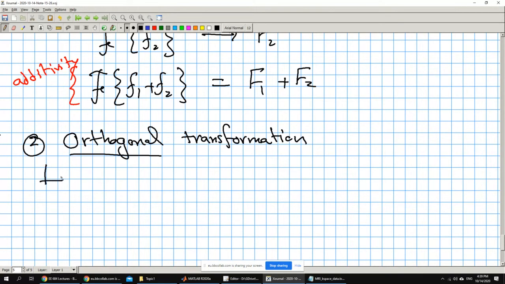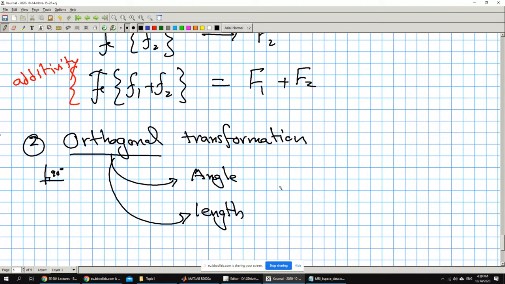If you have two lines like this and the angle between them is 90 degrees, we call these lines orthogonal, right? But actually, orthogonal has a more general meaning than that. An orthogonal transformation preserves two things: it preserves angle and it preserves length.